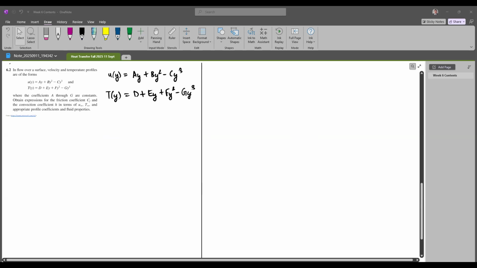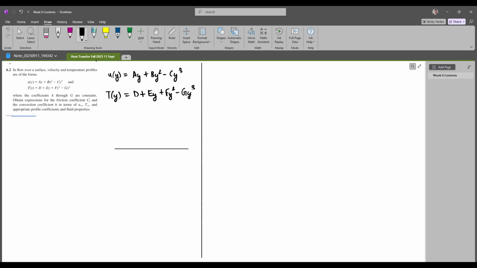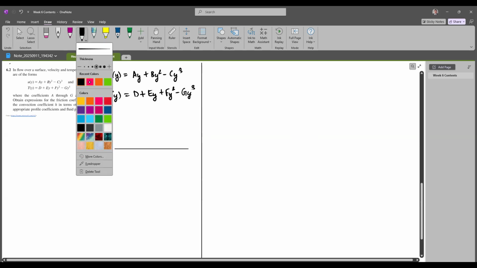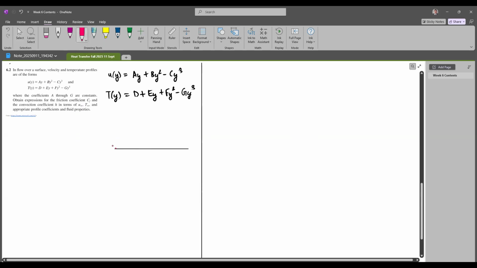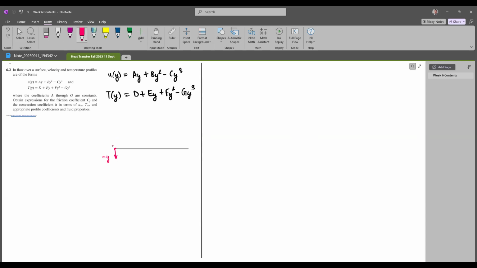Okay, so let's again draw the flat plate. So this is our flat plate, and let me define this as the leading edge, and this is minus y, this is plus y, and that is plus x. So velocity profile is usually like this, right?